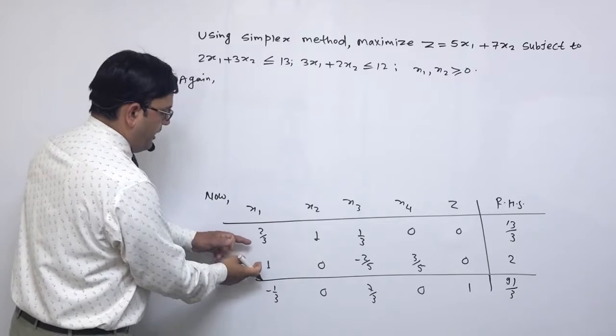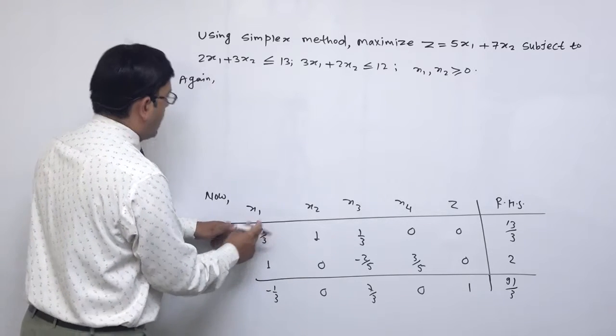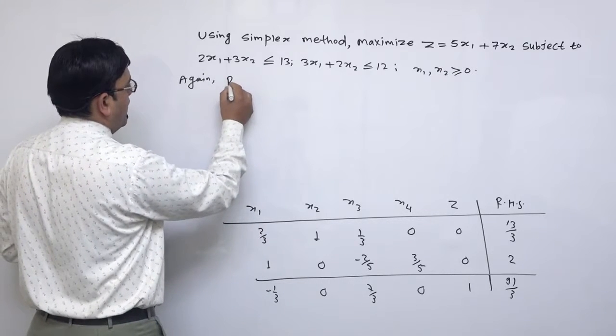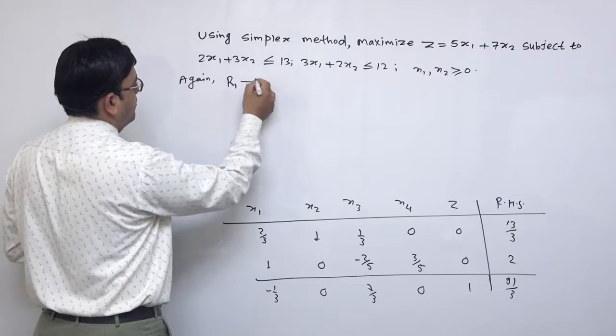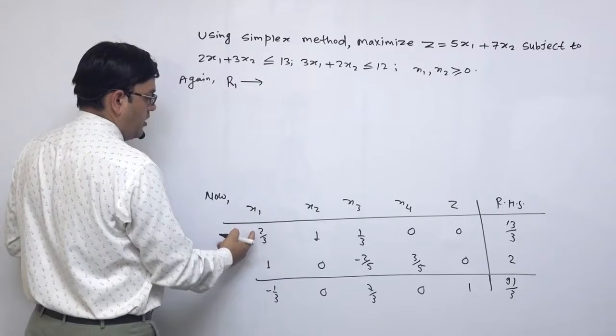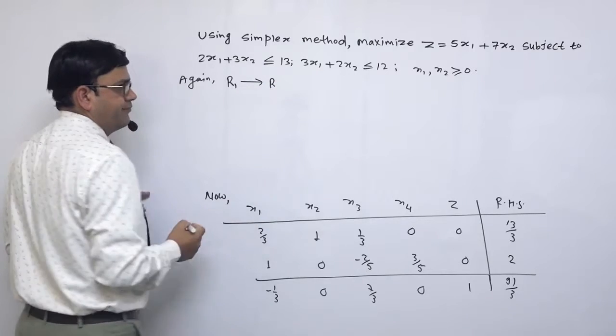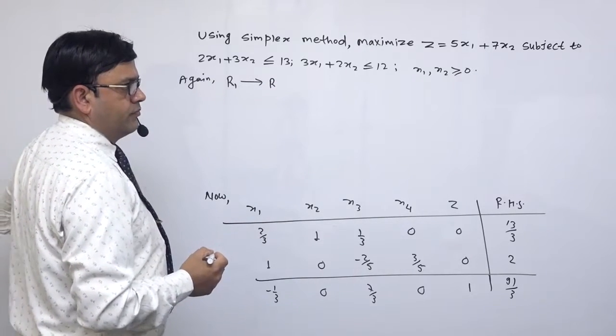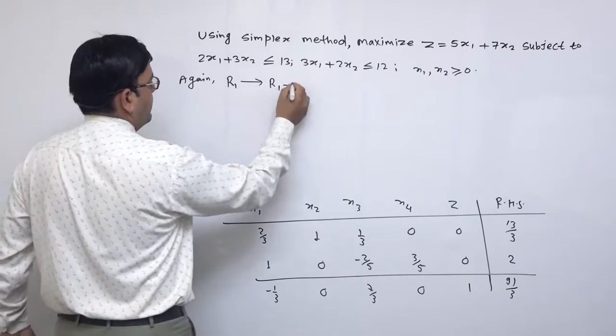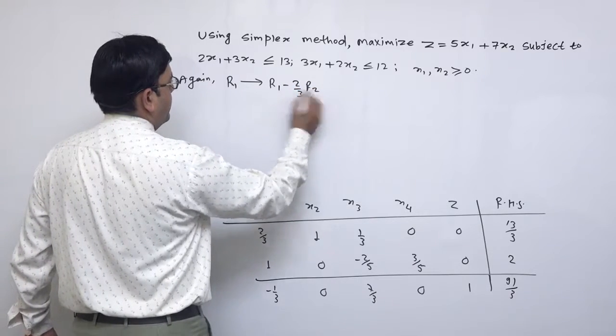Now we have to make this one 0, so यो 0, R1 0 बनाउनका लागि R1 changes into, हेर्नुस् त, हामीले R1 minus 2/3 R2 गर्यौं भने के होला?